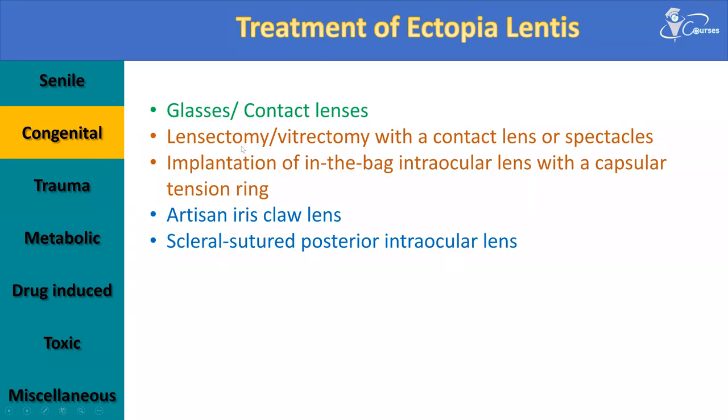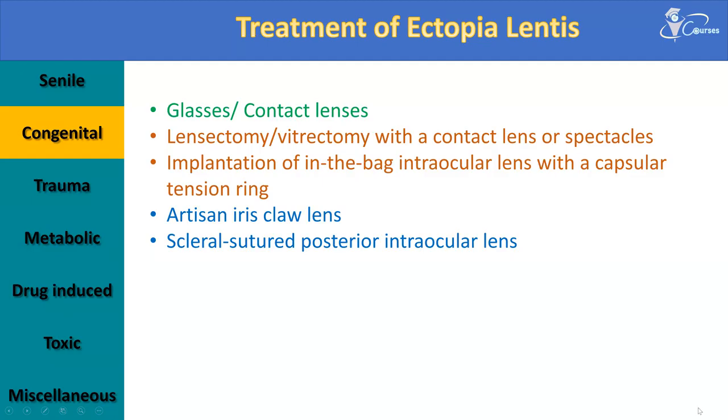So these are the different techniques of removal of the lens, either lensectomy to remove all the lens, or doing it the routine way by capsulorhexis and removal of the lens. And for the implantation, we can either implant a lens in the bag with capsular support, or implant an iris-supported lens such as Artisan or Artiflex, or the iris-supported claw lens, or we can implant a scleral-sutured posterior intraocular lens.